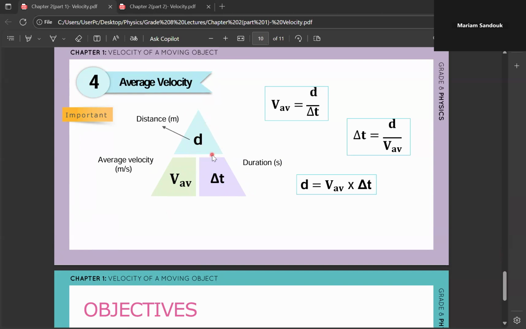And if I want to determine the rule of the distance, it's V average times delta T. As we said before, the SI unit of distance is meters, the SI unit of V average is meters per second, and the SI unit of duration is seconds.